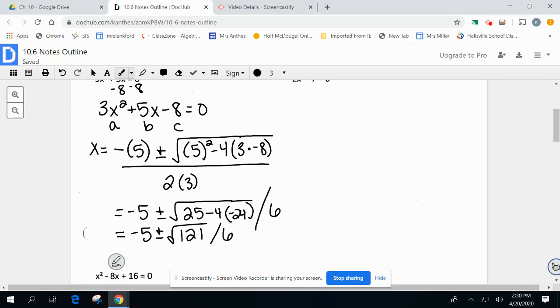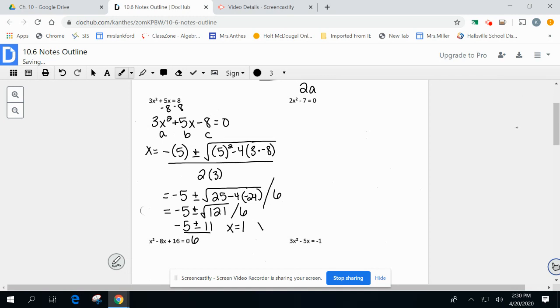Then I can actually take that square root, and I would have negative 5 plus or minus 11 divided by 6. So I'm going to get two answers. One of them I'm going to do negative 5 plus 11 divided by 6, and I'm going to get positive 1. And the other one I'm going to do negative 5 minus 11 divided by 6, and I'm going to get negative 8/3.